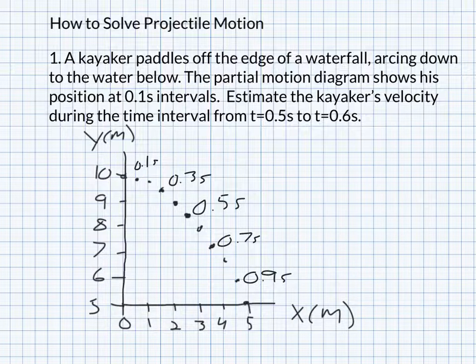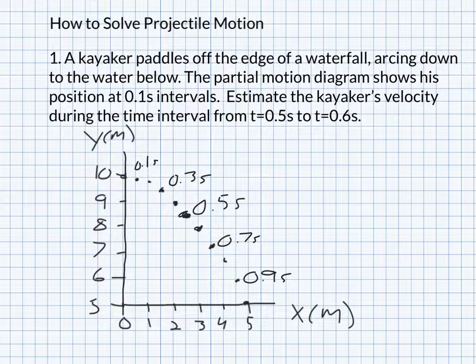Okay, and it says estimate the kayaker's velocity during the time interval from 0.5 to 0.6. And velocity here is, we could make it negative, I suppose. Let's look. So we're looking at these two dots, the 0.5 dot and the 0.6 dot.